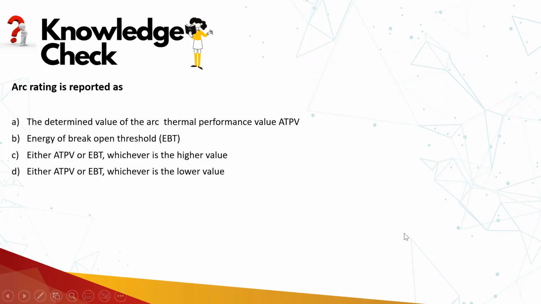Right. So arc rating is reported as, D is the right answer: either ATPV or EBT, whichever is the lower value.